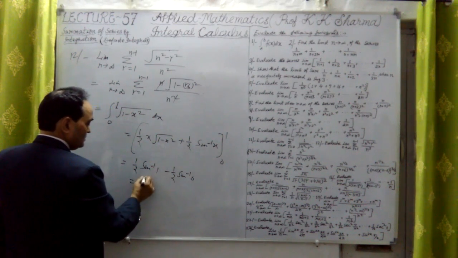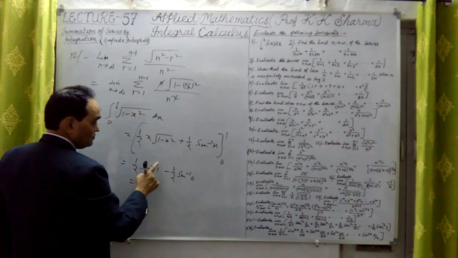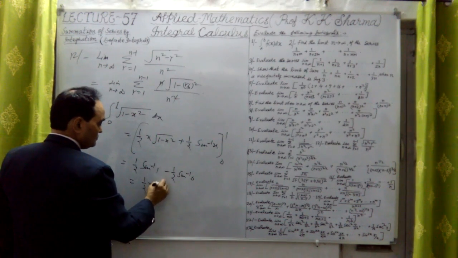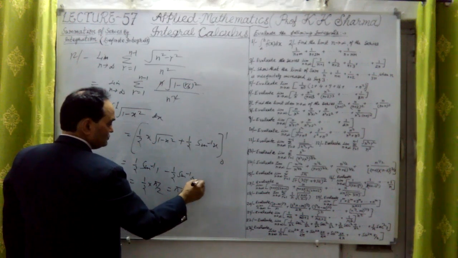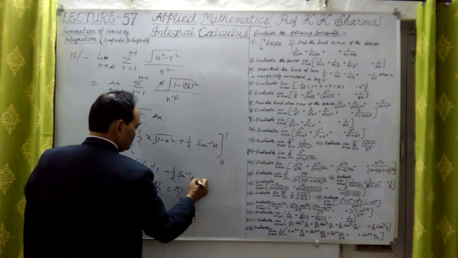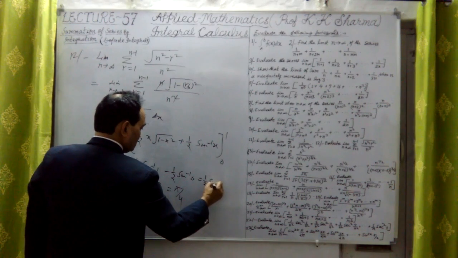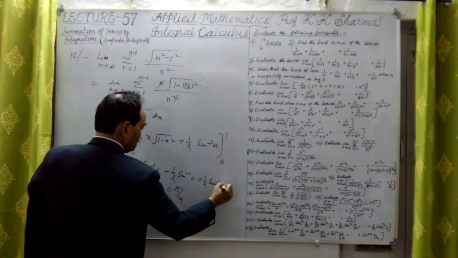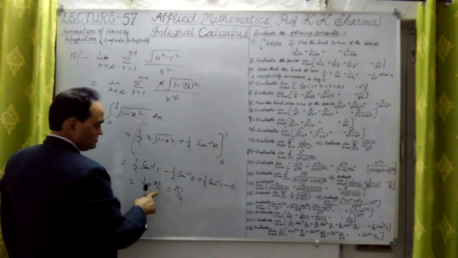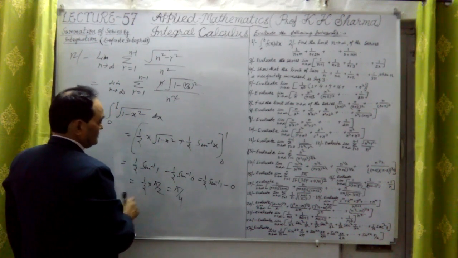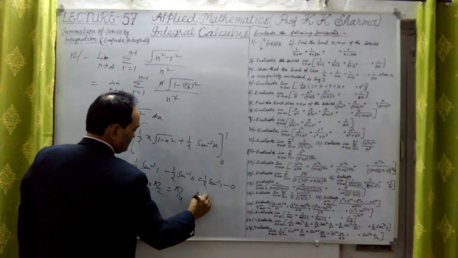Sine inverse 0 is 0, and sine inverse 1 is pi by 2. So 1 by 2 into pi by 2 is equal to pi by 4. So this is the answer here.